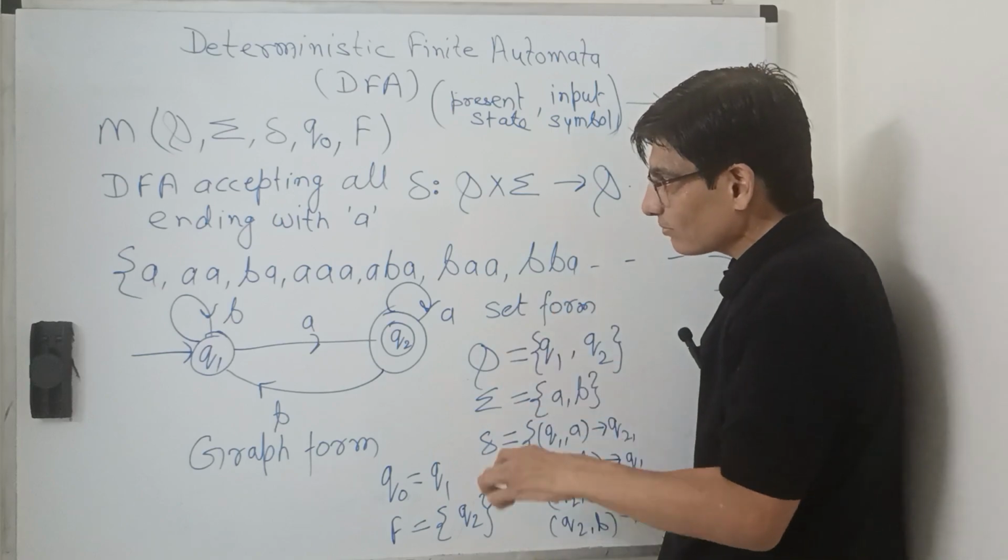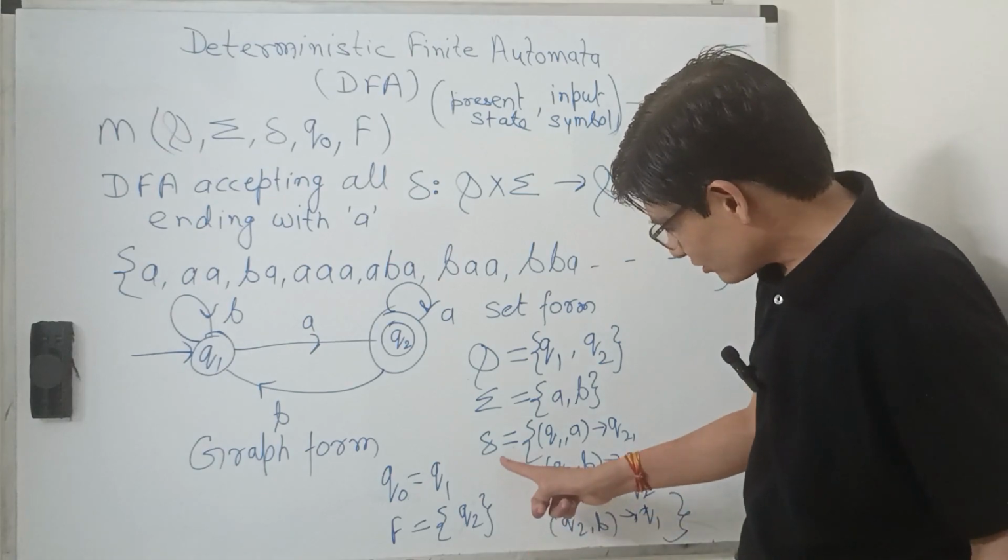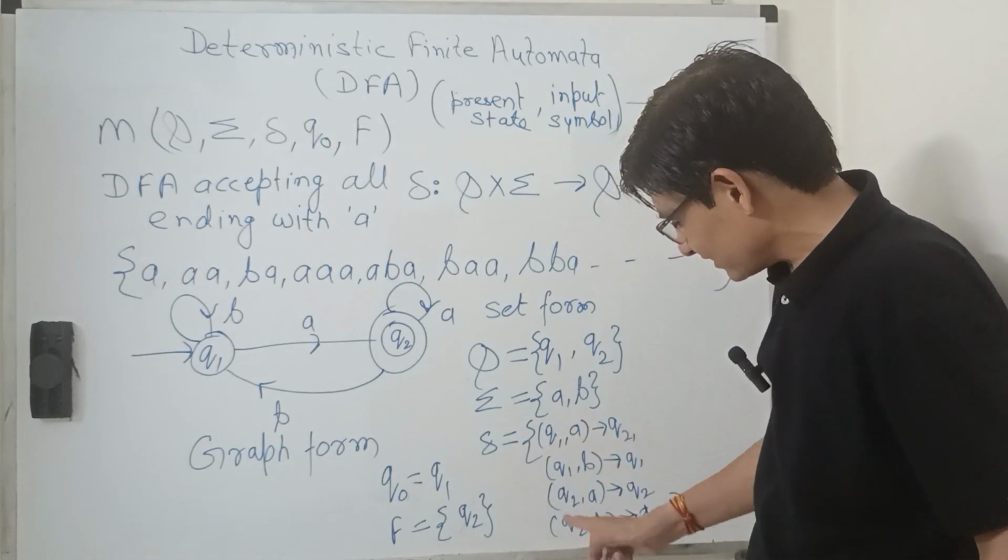When you are creating a machine for a particular language, you need to write all transition rules like this.